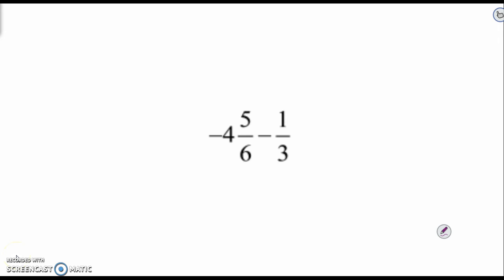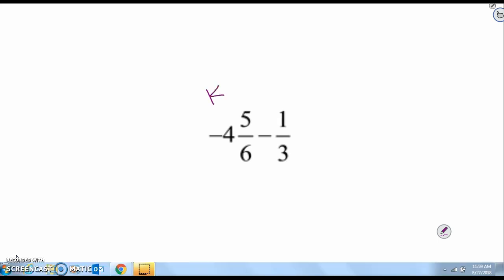When subtracting signed numbers, we're first going to rewrite our problem as an addition problem. Remember, when you subtract signed numbers, you add the opposite sign. So we're going to keep 4 and 5/6 as it is. We're going to change our subtraction sign to addition, and we're going to switch positive 1/3 to negative 1/3. So now my problem reads negative 4 and 5/6 plus negative 1/3.